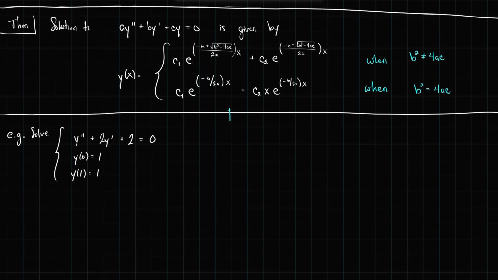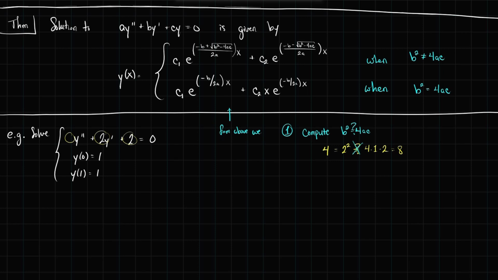Using our formula from above, we first compute b squared and check if it's equal to 4ac. In this case, b is 2, so we're doing 2 squared. Now we're checking if that's equal to 4 times 1 times 2, so that's equal to 8. 2 squared is equal to 4. And so they are not equal.